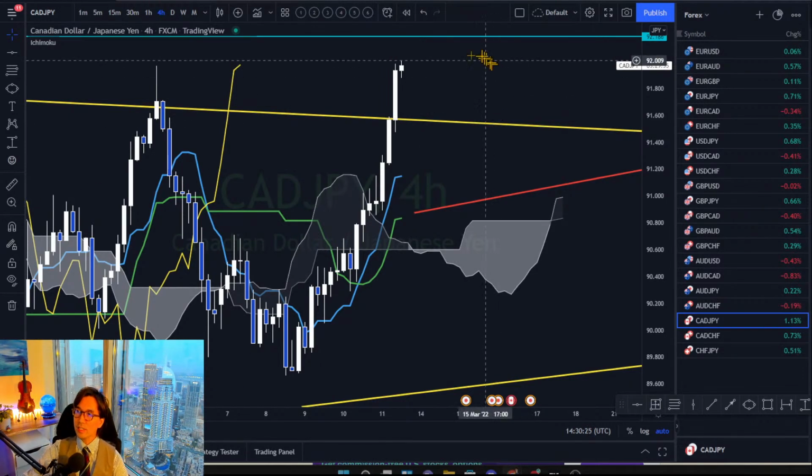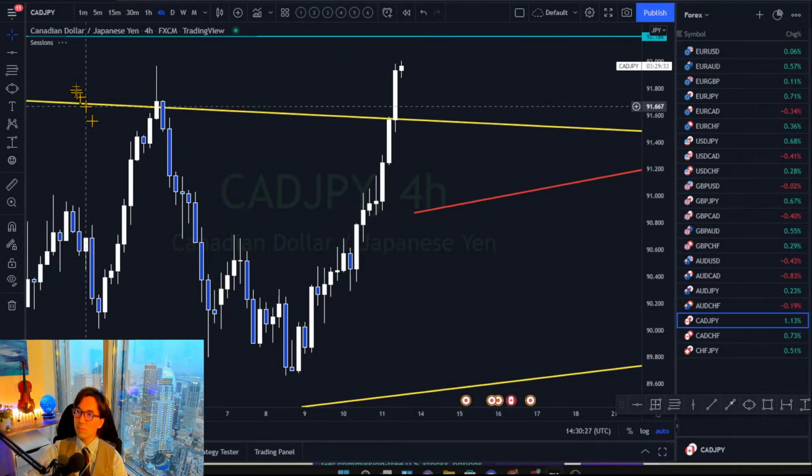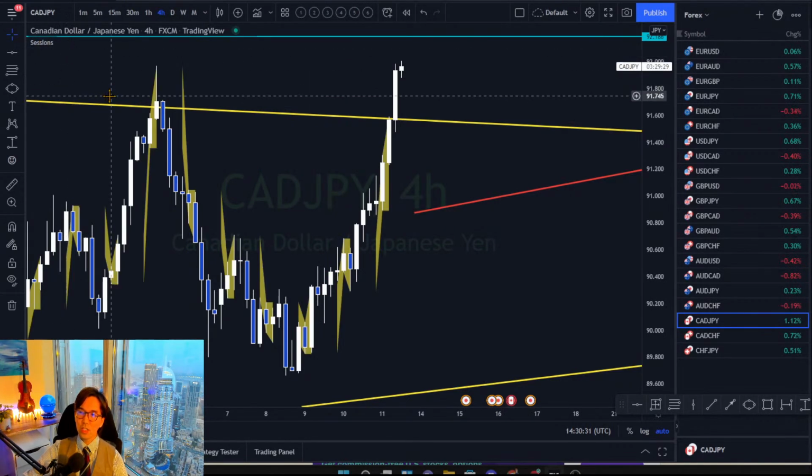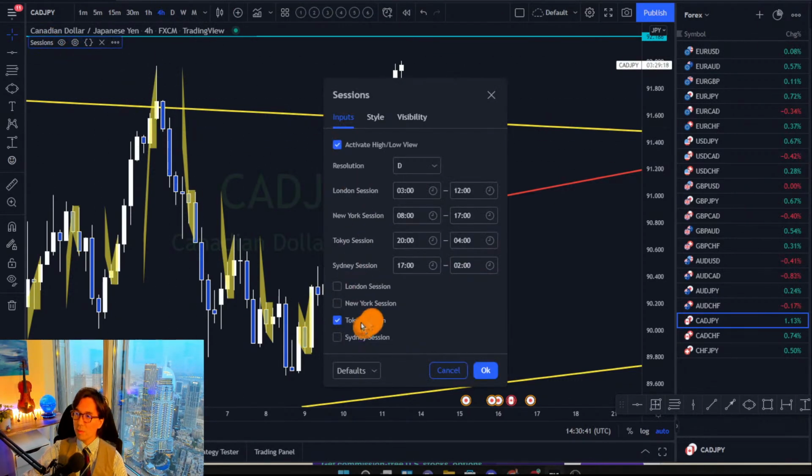So this Tokyo box, I use the sessions indicator. When you search sessions in TradingView, you can find the sessions indicator. And I only enable the Tokyo session like this, and I disabled London, New York, and Sydney sessions, and I display the Tokyo session.